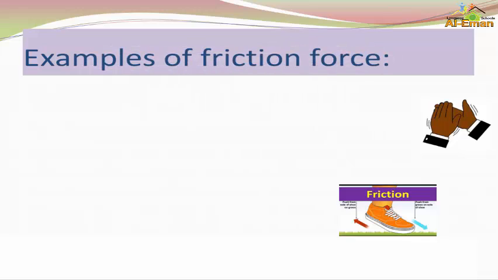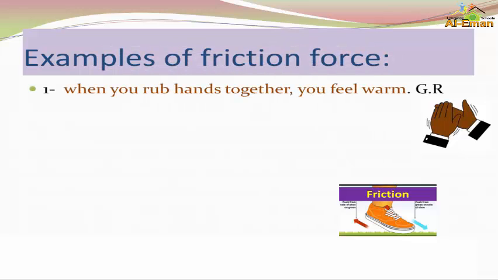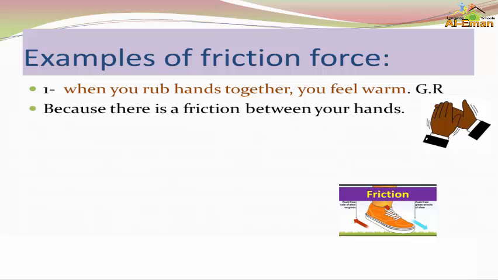For example, we have examples of friction force. Number 1, when you rub hands together to feel warm. Why do we feel warm? Because there is a friction force between your two hands. Try to move your hands and rub them together, you will feel warm.